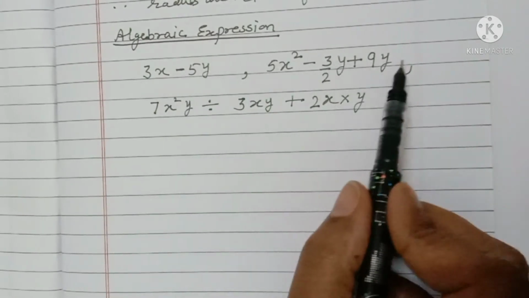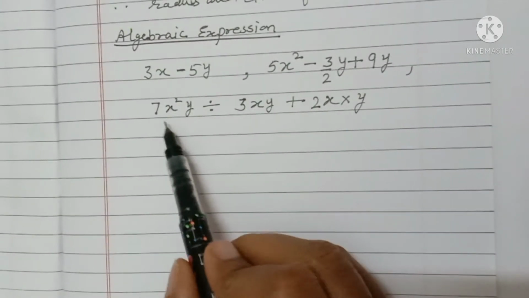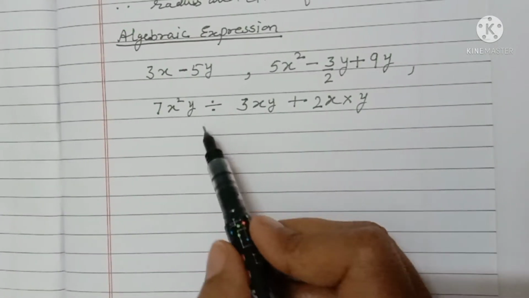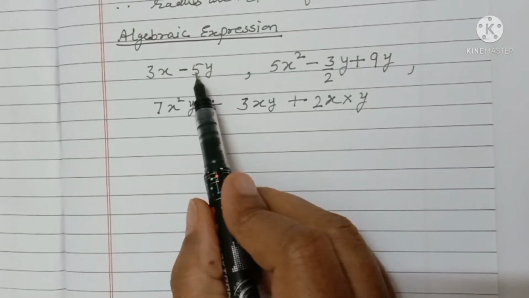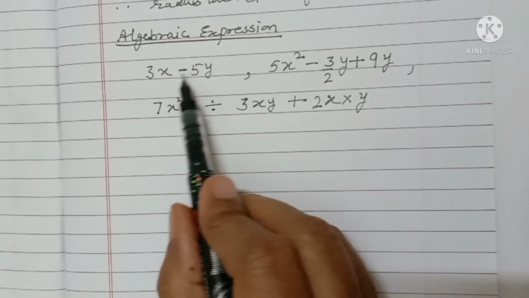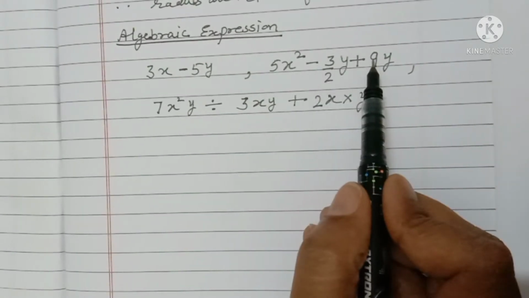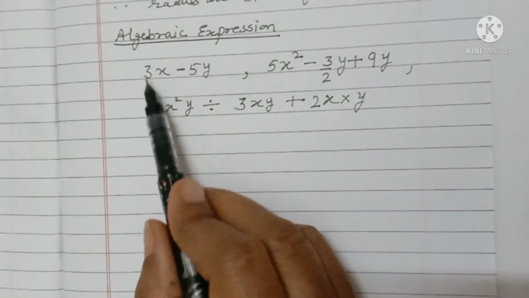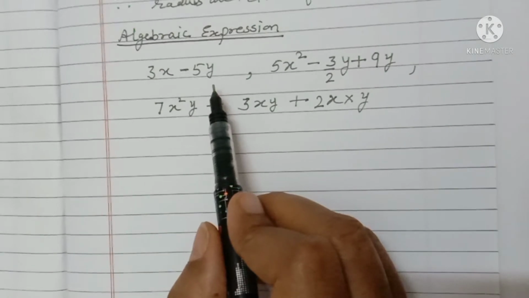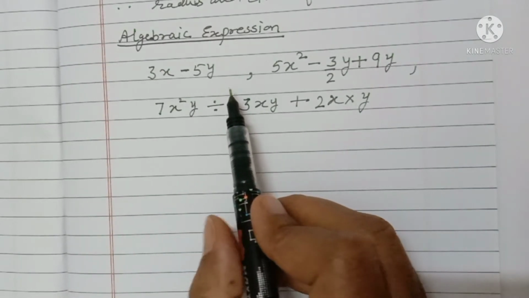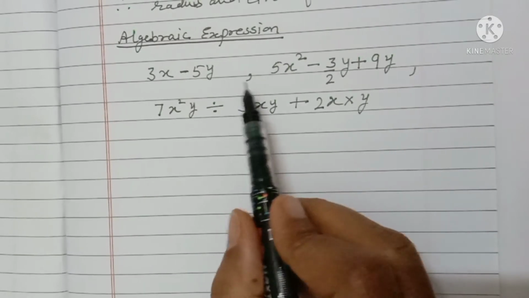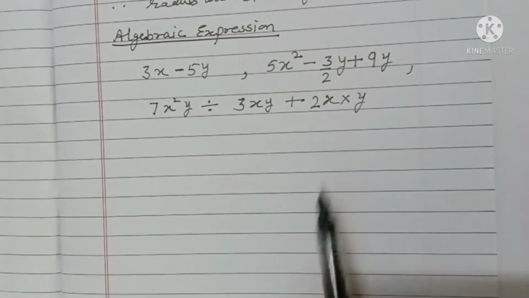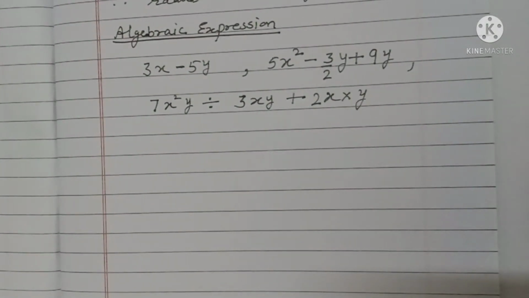So you are watching that constants and variables are connected with mathematical operations, some or all. Here only minus, here plus and minus are involved, and here multiply and divide are also involved. Such expressions in which constants and variables are connected with some or all operations are called algebraic expressions. I think all the students have understood.